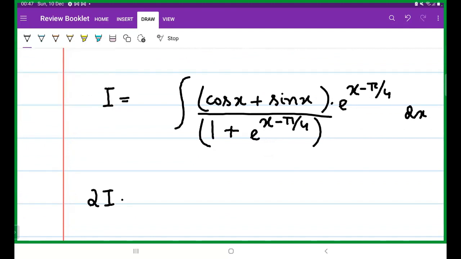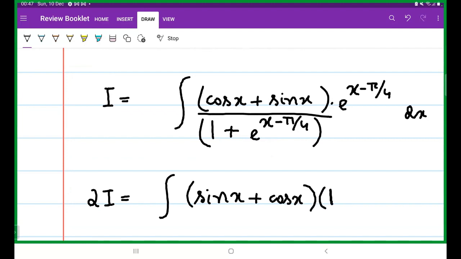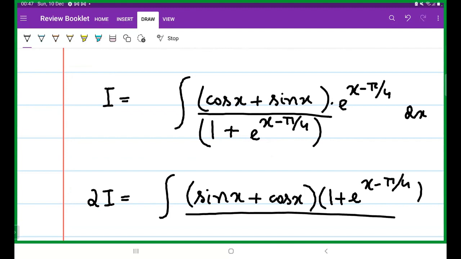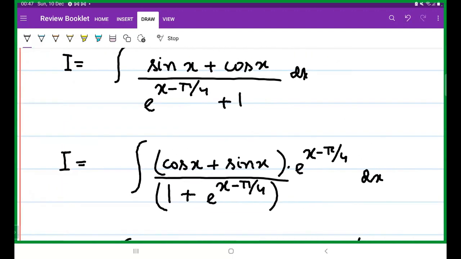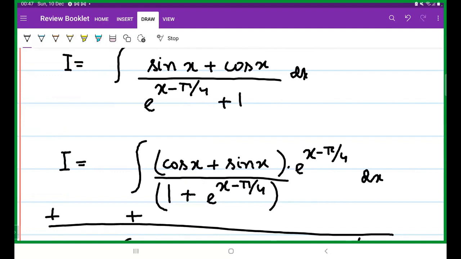So 2I will become sin x plus cos x times 1 plus e to the power x minus pi by 4, divided by 1 plus e to the power x minus pi by 4, right? We're basically adding these two.